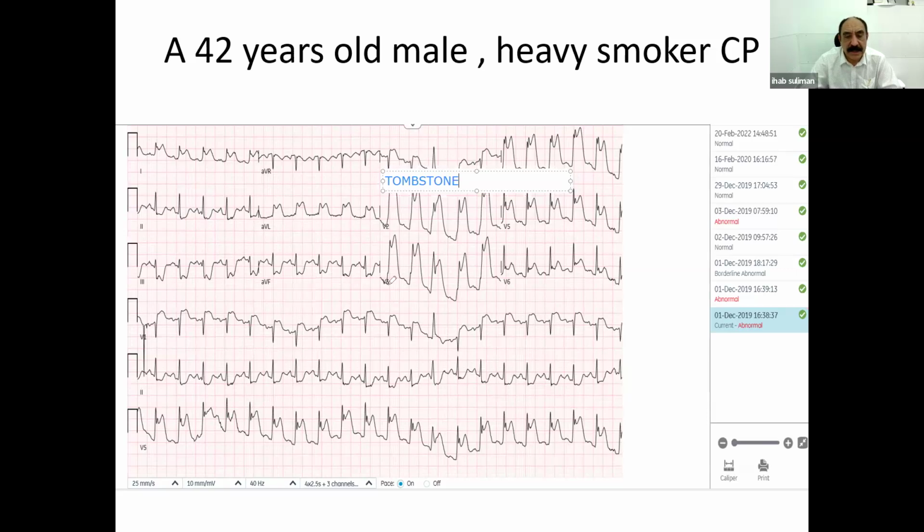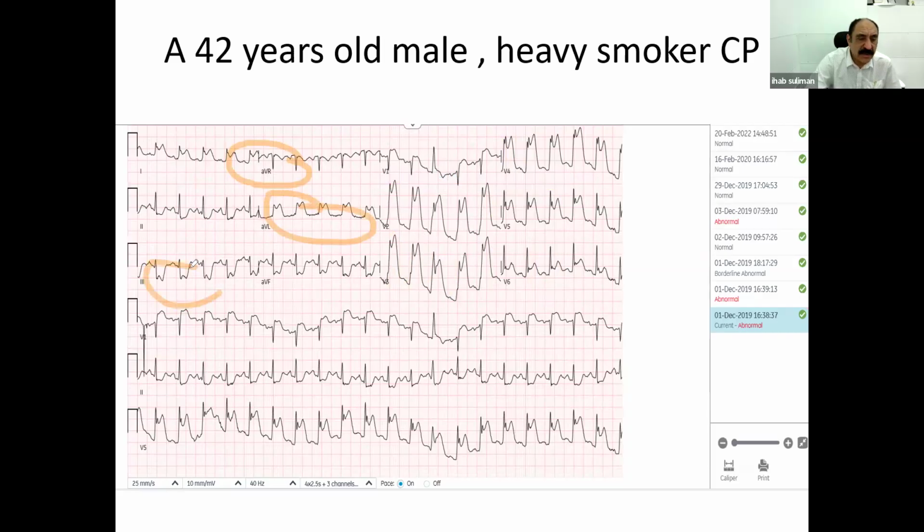So here you can see that there is like a box ST elevation. This ST elevation is very serious, and it was involving from V1 until V6. Even lead 1 and AVL were involved with the ST elevation.